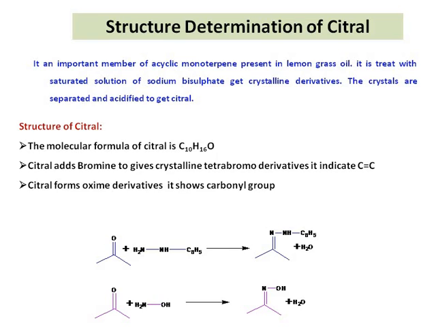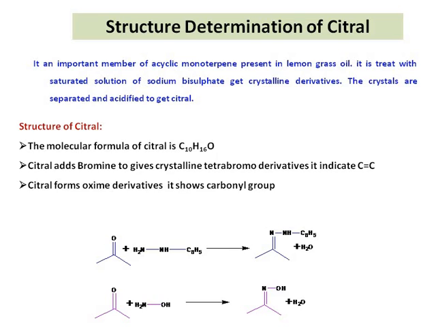It means that a carbon-carbon double bond is present. Such a reaction can be done in practical work as the saturation-unsaturation test. Two tests are used: the Baeyer test, and the other is the bromine test. So citral adds bromine to give tetrabromo derivatives, which shows that a carbon-carbon double bond is present.